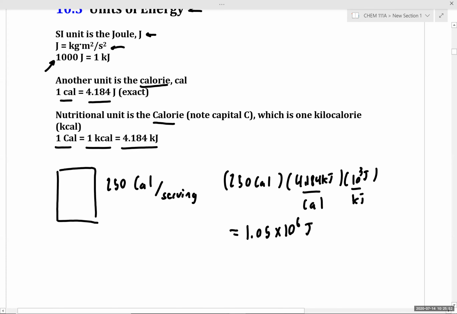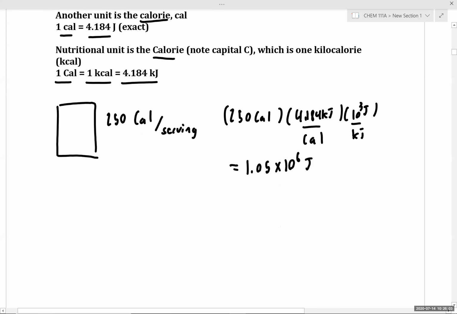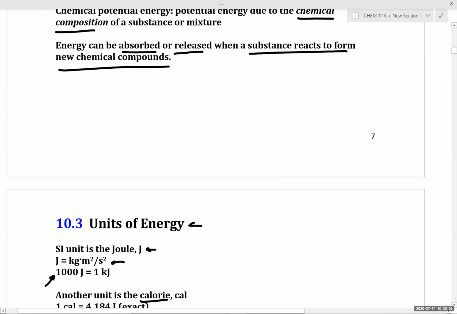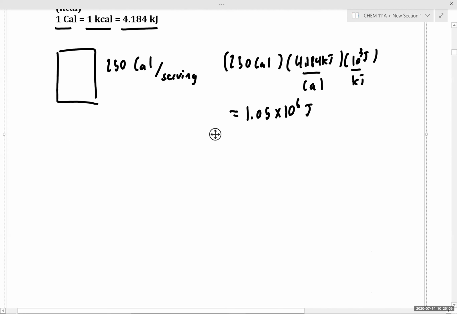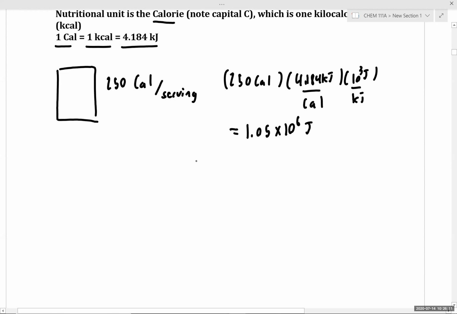of energy. Now, what does that mean? When we look on the back of the box and we see this value of the calories of a chip, for example, let's suppose we take our serving of chips.